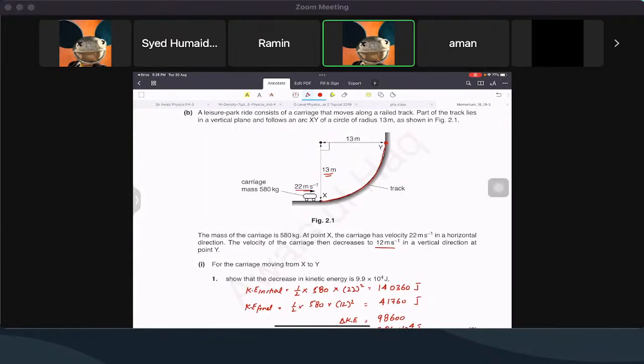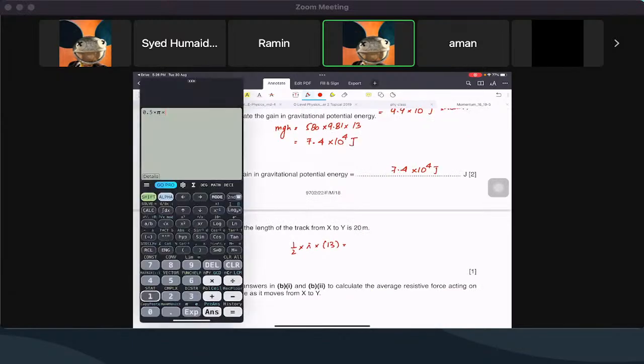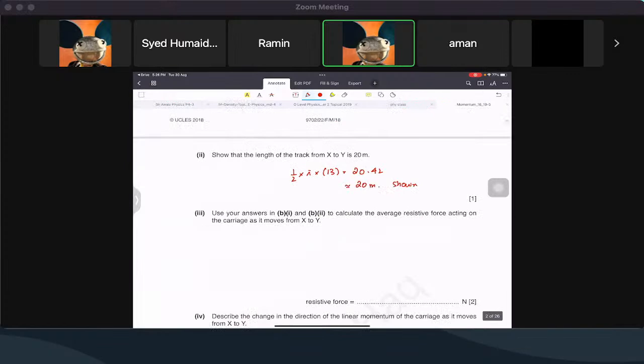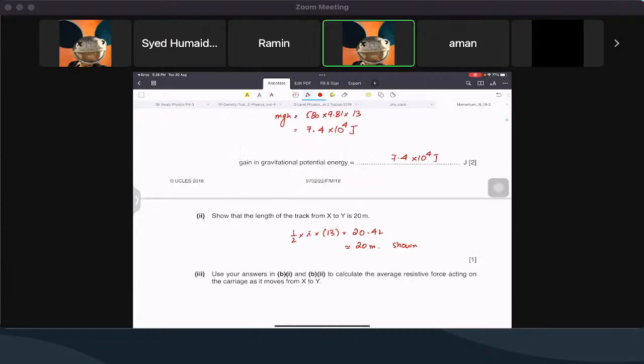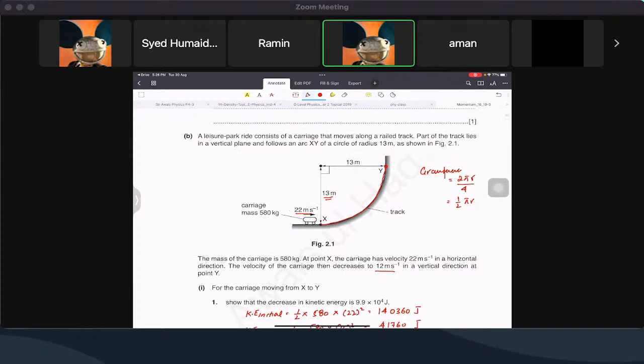Now it says to use parts B1 and B2 to calculate the average resistive force acting. Technically, the energy that is lost should be gained by gravitational potential energy, but you see there is a difference between these two.